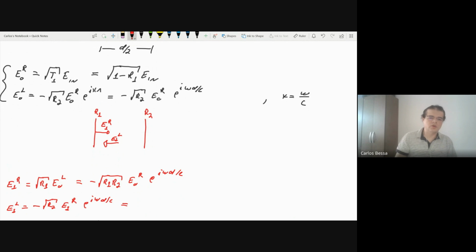So this should be using E1 right here, put in here. So you'll find this will be minus R2 square root R1 times E0 right, exponential twice i omega d over c. Okay? Because I'm summing this.